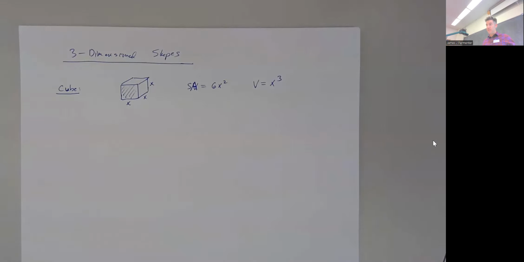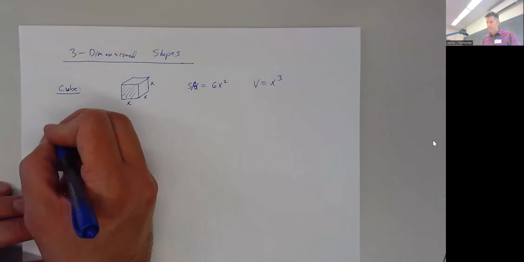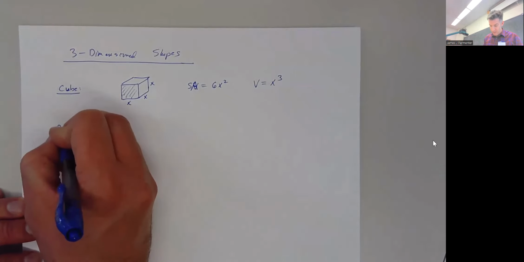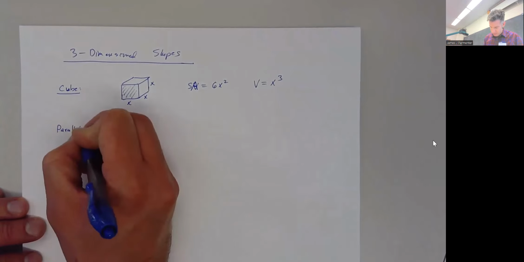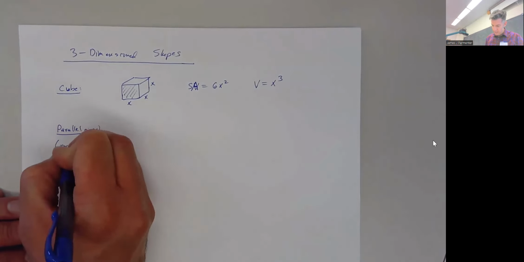There is no length to speak of here, right? It has a surface area, it has a volume, but the length would be a weird thing to try to even talk about. And then we have a 3D rectangle, or more officially called a parallelepiped, which is a terrible word to say and write. Really just a rectangular box.